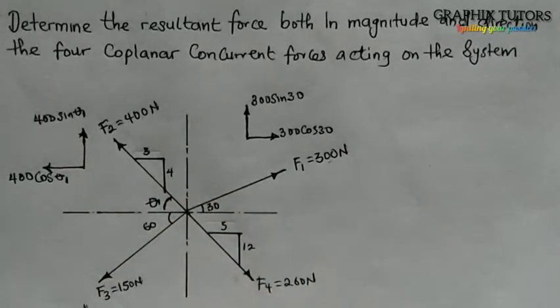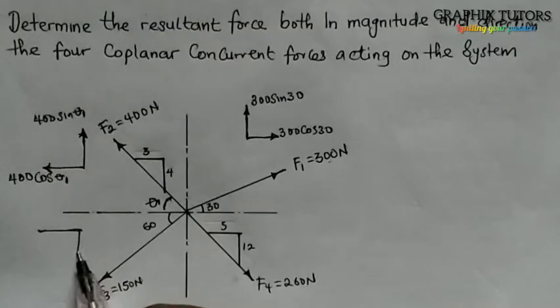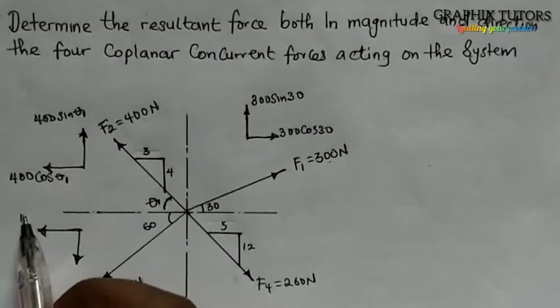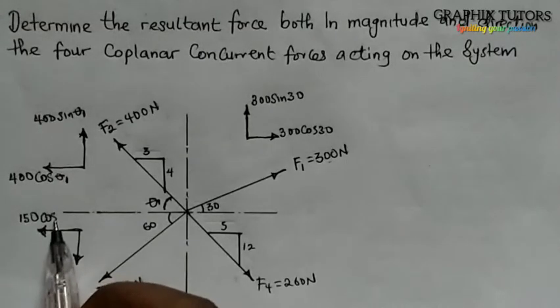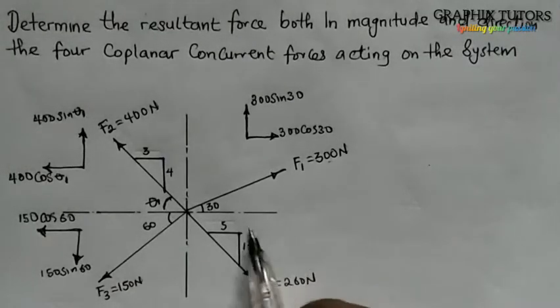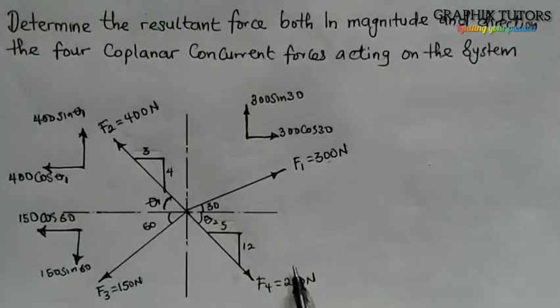Similarly, if I come here, I'm going to draw a force parallel to what? The x-axis, and a force parallel to what? The y-axis, right? So this will give me, for force 3, 150 cos 60, and I will have 150 sine 60 for this. Similarly here, the angle at this point, theta 2, is not given.